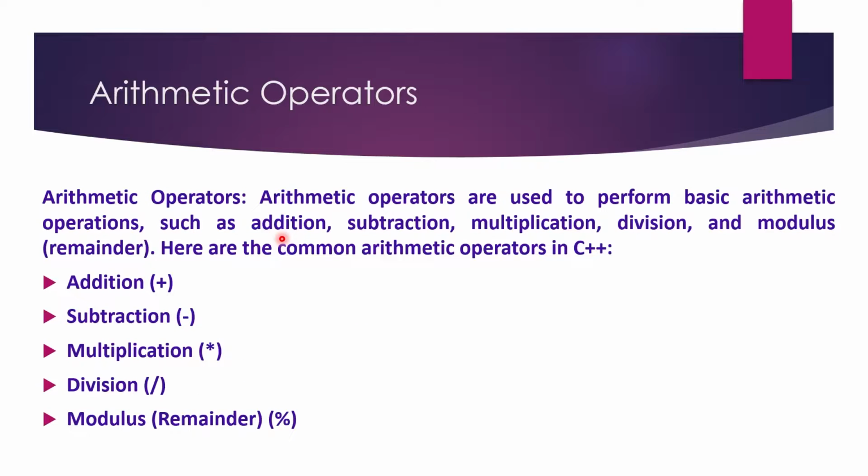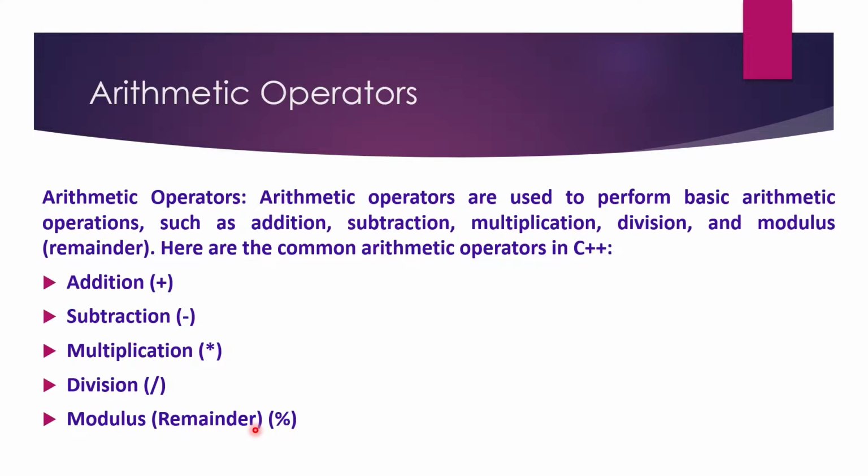As the name suggests, arithmetic operators perform mathematical calculations or arithmetic operations, like addition, subtraction, multiplication, division, and modulus. Modulus will be the remainder. I will tell you a simple logic so that you can understand that, don't worry about it.